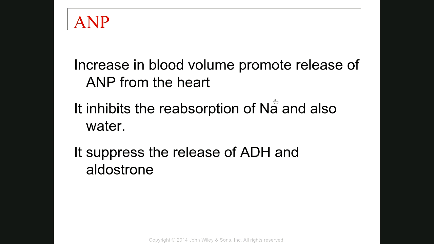So up to now, ANP increases the amount of urine and decreases the volume of blood. Aldosterone and ADH are opposite. They increase the volume of blood and decrease the volume of urine.